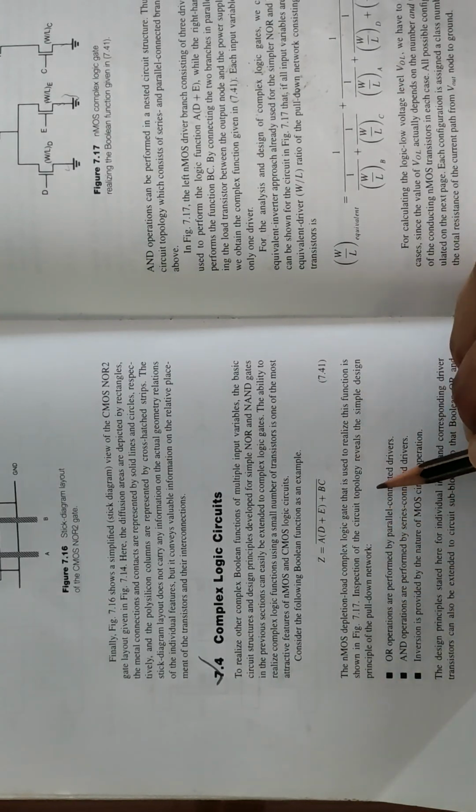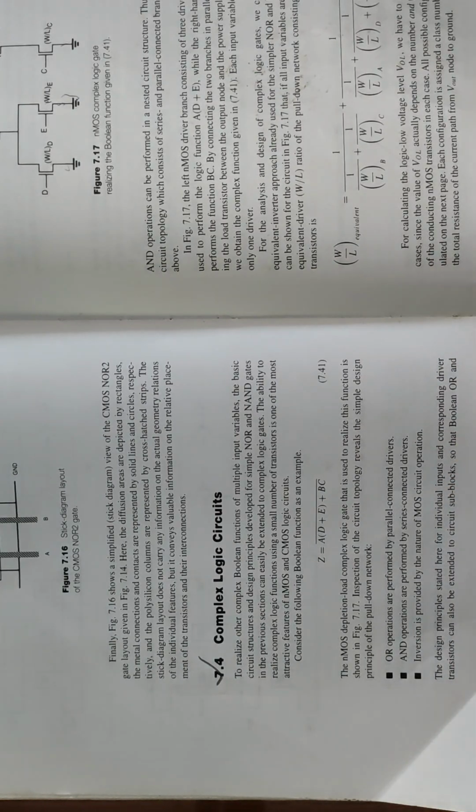Inspection of the circuit topology reveals the simple design principle of the pull-down network. OR operations are performed by parallel connected drivers, and AND operations are performed by serial connected drivers. Inversion is provided by the nature of MOS circuit operation.